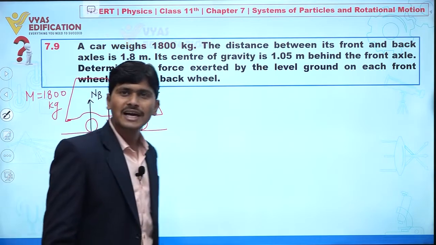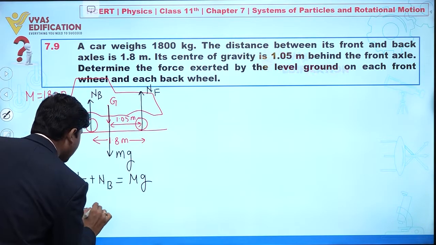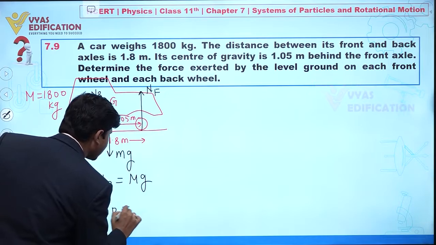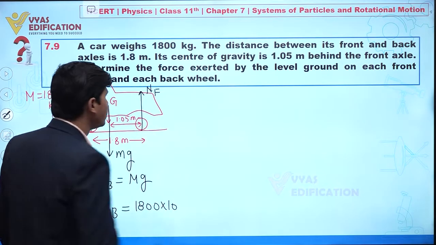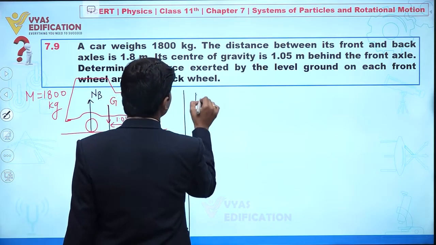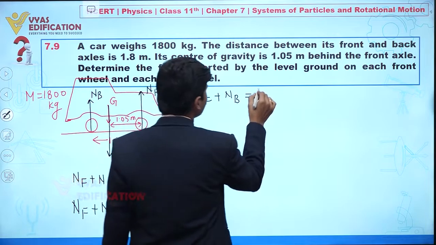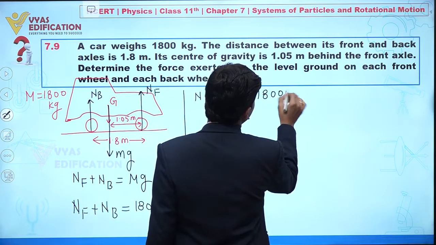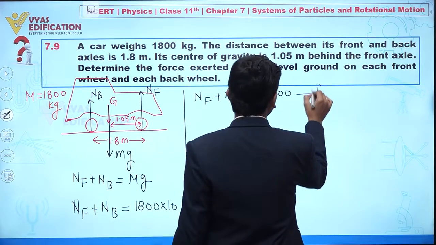Mass of the car is given to you 1800, so NF plus NB is equal to 1800 multiplied with 10. So NF plus NB should be equal to 18,000. Let's suppose this is equation number 1.